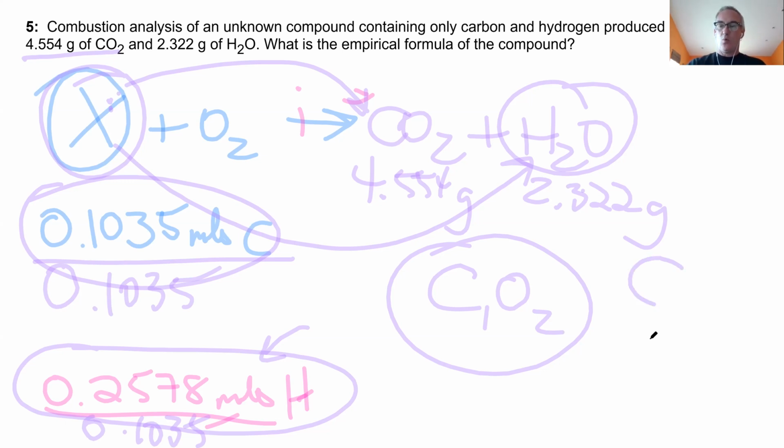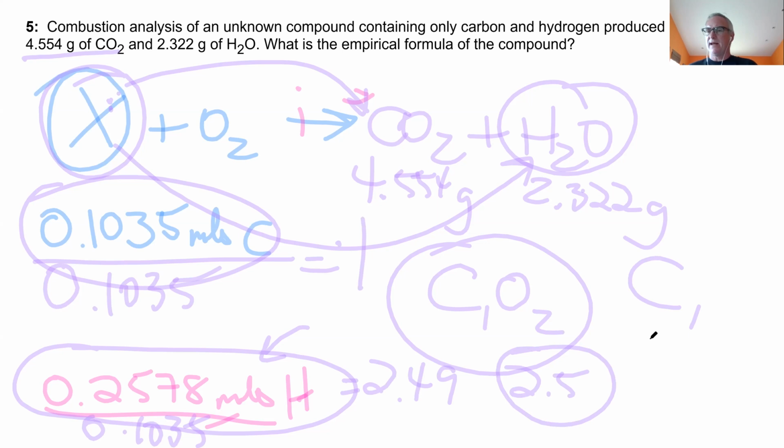So I've got 1 carbon. This becomes 1. And the other, when we did the math, was 2.49, which is really close to 2.5. Close enough that we don't feel too bad rounding it. So then I've got 1 mole of carbon and I've got 2.5 moles of hydrogen.